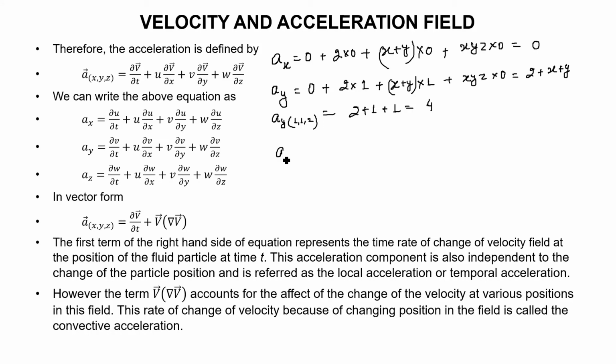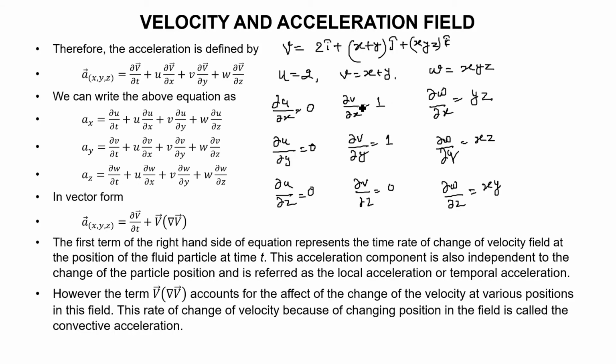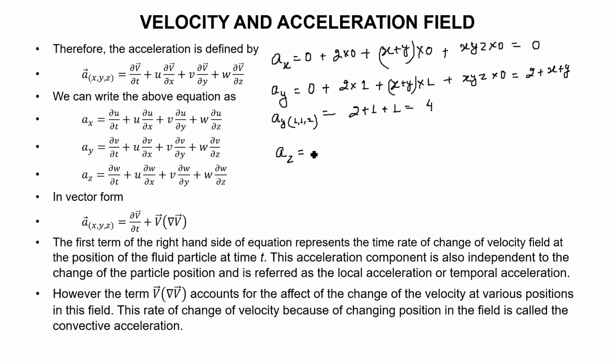Now az = ∂w/∂t. Again w is independent of time, so ∂w/∂t will be 0, plus u into ∂w/∂x.